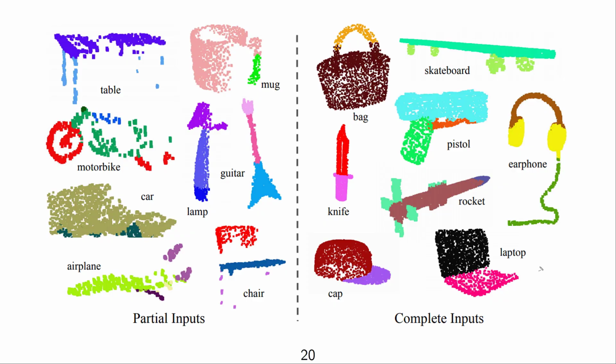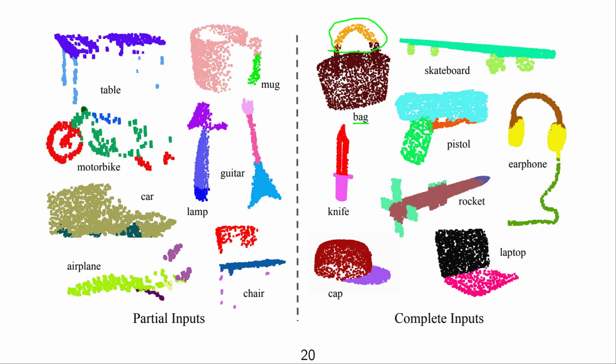On the left, we see some difficult partial inputs where partial objects are fed into PointNet for segmentation, and on the right, we have the regular segmentation where complete objects are given to PointNet. Let's just look at the right side. What we can see here is that the segmentation does not have a lot of details, and it's a very coarse segmentation. For example, the bag, there are two classes.